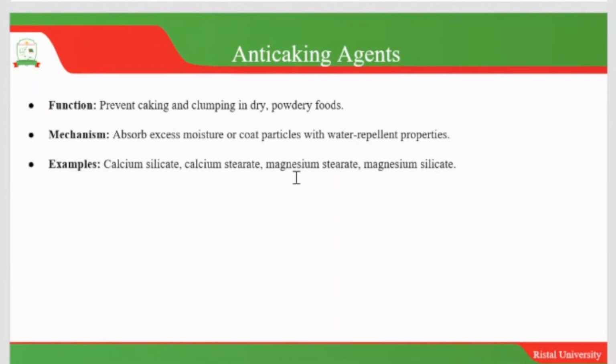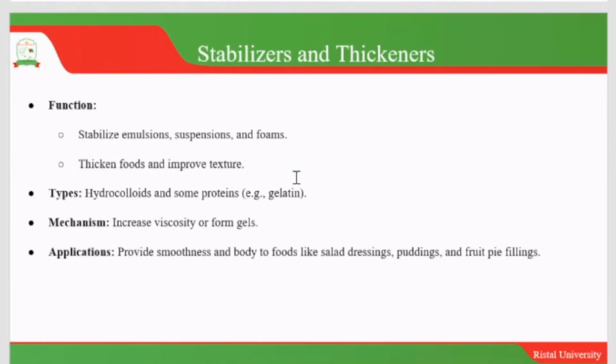For the stabilizers, we are saying these stabilize emulsions, suspensions, and foams. And they help us in thickening the foods and also improving the texture. Remember, texture is a sensory attribute of our food. There are some textures that you just look at and lose appetite for that particular food. So these additives help us in doing all this, the types of these stabilizers and thickeners.